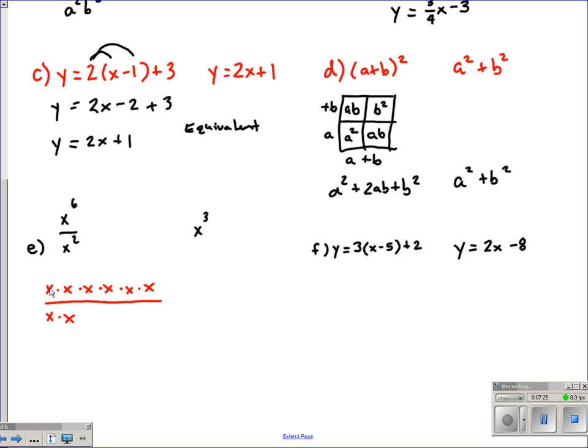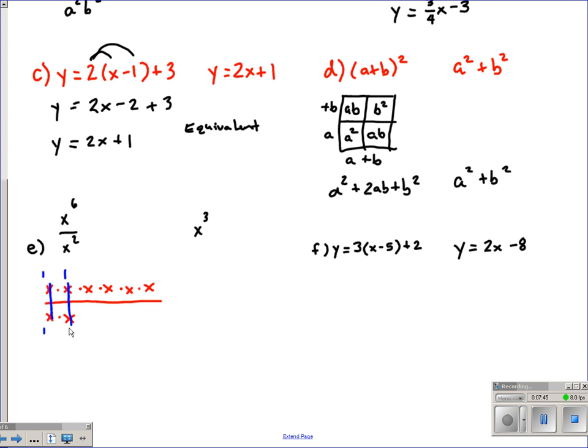When we have a common factor divided by itself there, what is anything divided by itself going to be? It's going to be 1. So x divided by x is going to be 1. x divided by x here is also going to be 1. So right now we're looking at 1 times 1. Let's actually just write those out here.